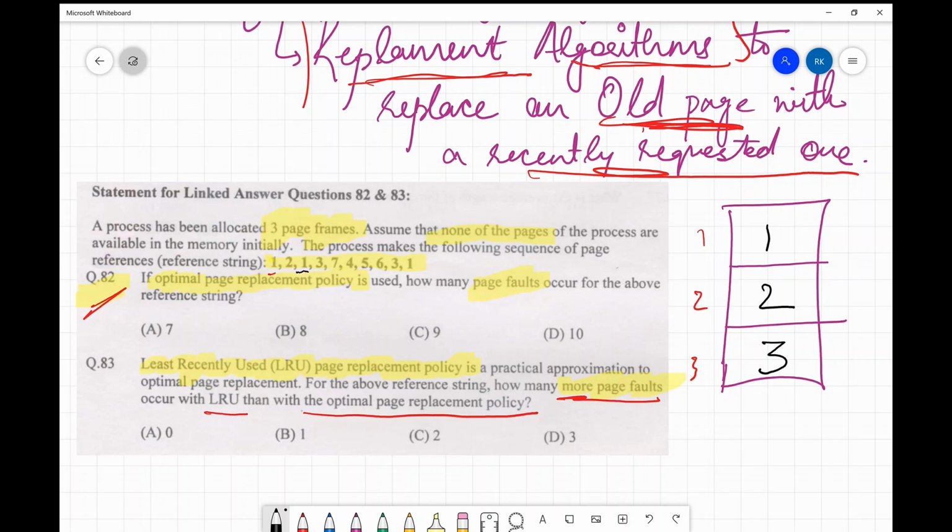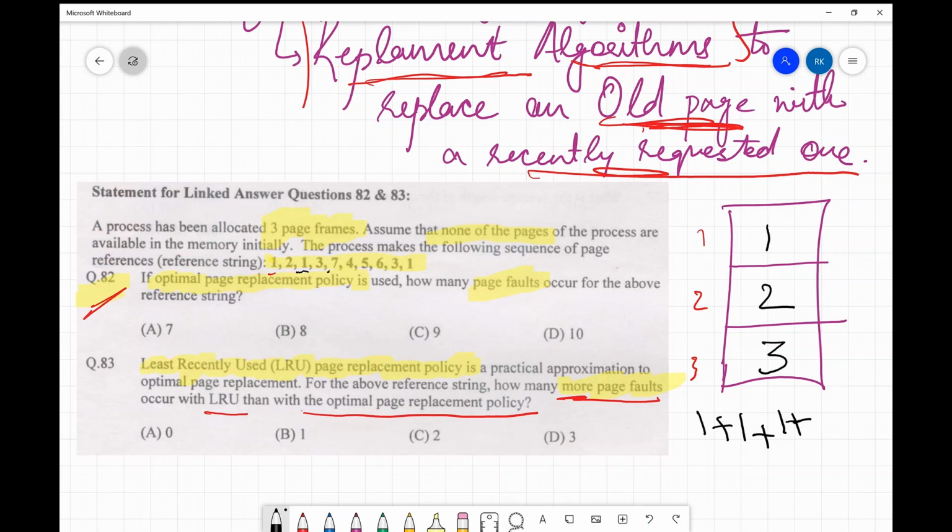It would be better if we keep writing the page faults somewhere. So when I added 1, that's 1, plus 1 for 2, plus 1 for 3. And for the second request of 1, there was a page hit, so a page fault didn't occur there.